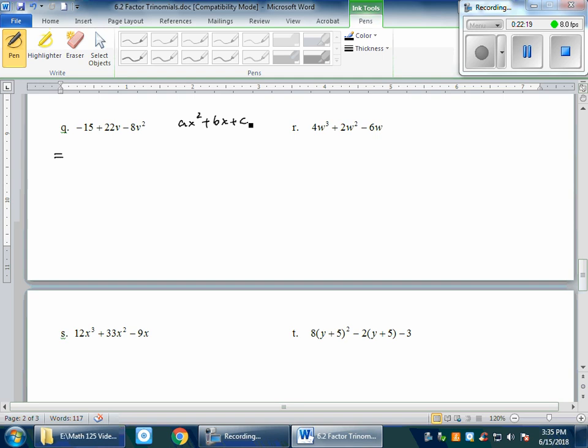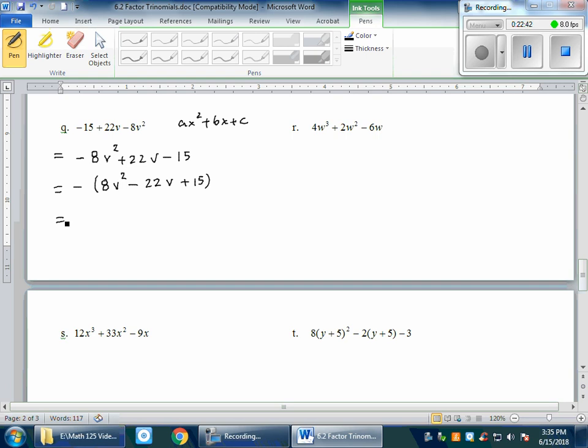So we're going to put it into descending power, which is negative 8v squared plus 22v minus 15. And clearly I need to factor negative 1 out. So when I factor negative 1 out, it will be negative times 8v squared minus 22v plus 15.